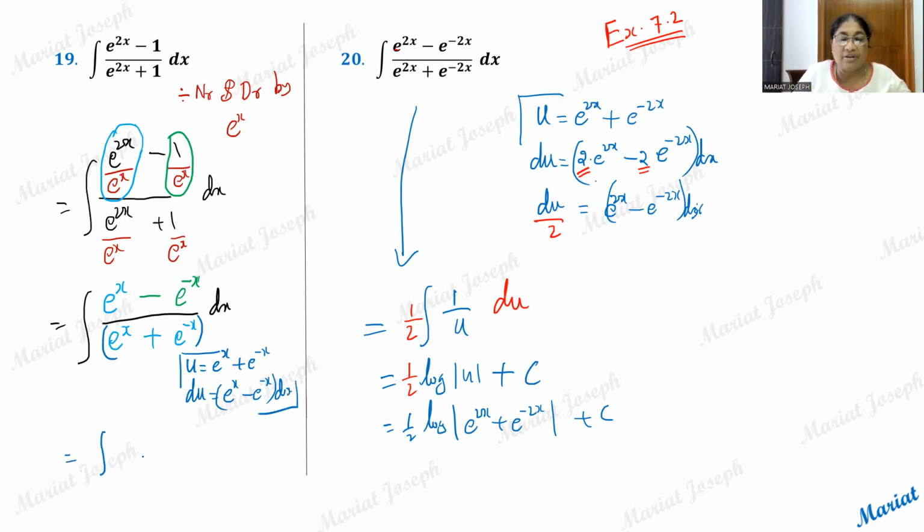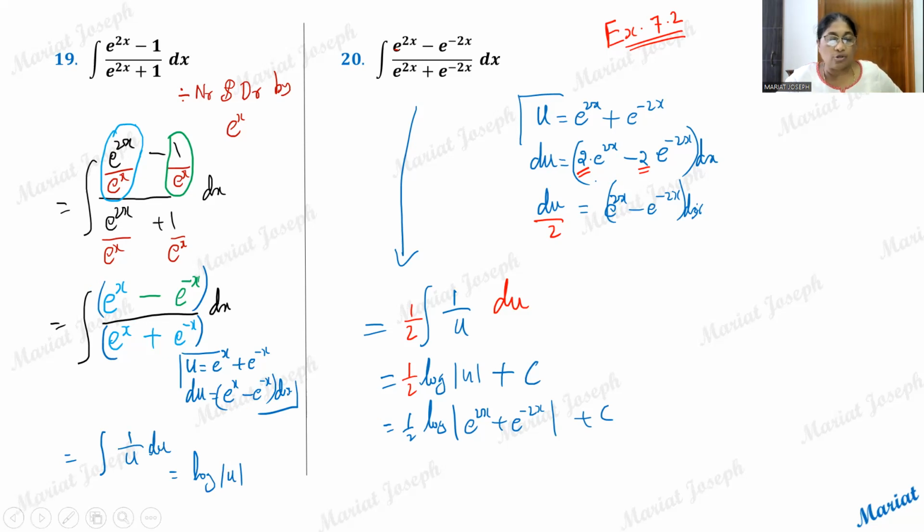So exact, without even a half. In question number 20, there was a 1 by 2. Here, a complete numerator is ready, du. So 1 upon u du. Therefore, the integration is log mod u, and replace the u.